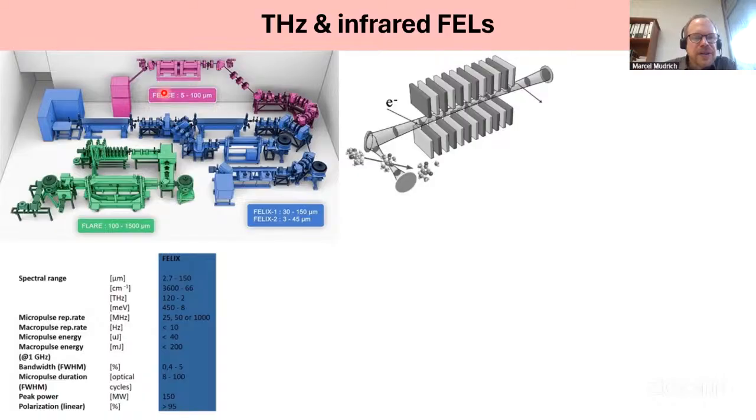Just two different setups of free electron lasers based on undulators and optical cavities built around them.